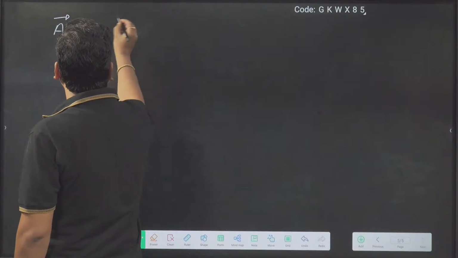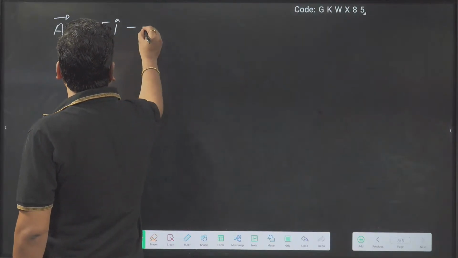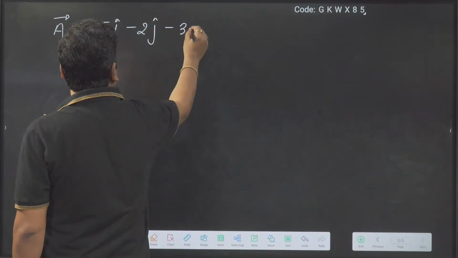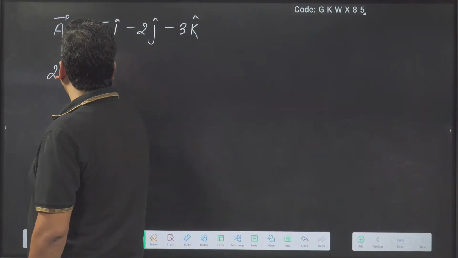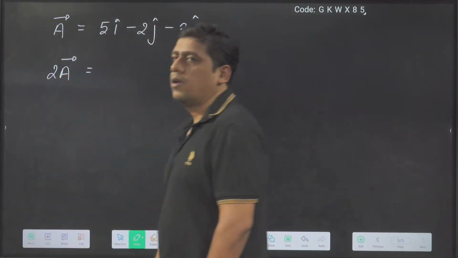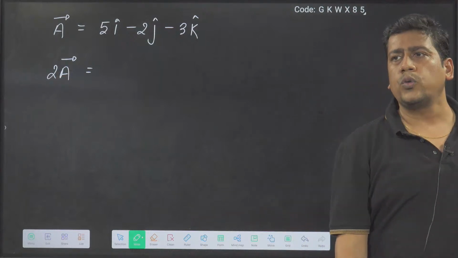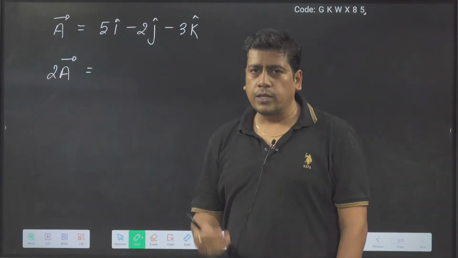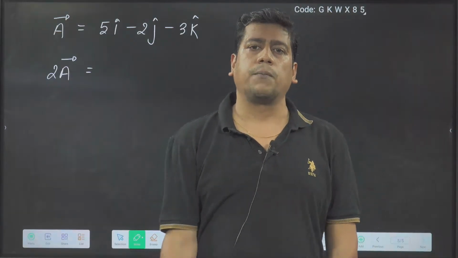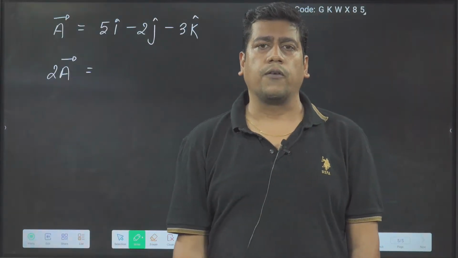a vector equal to 5i cap minus 2j cap minus 3k cap, can you tell me what will be 2 times a vector? Come on, tell me what is 2 times a vector. I know these are basic things, but after covering the basics only, I can go up to some tough numericals. Don't worry, I will give you the tough numericals also.